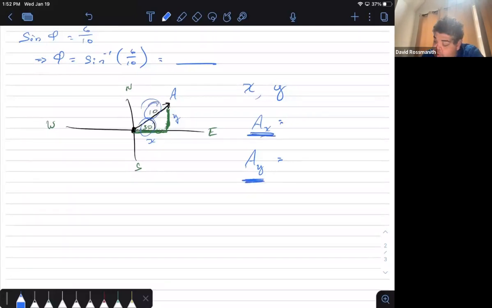We can't use this full 10. The fact that the person walked 10 meters in this weird direction, I can't use it in my equations. What I can use is how much of that 10 is in the x direction and how much is in the y direction. So I have to be able to get these pieces of information to do all my equations with. And we're going to get into that.